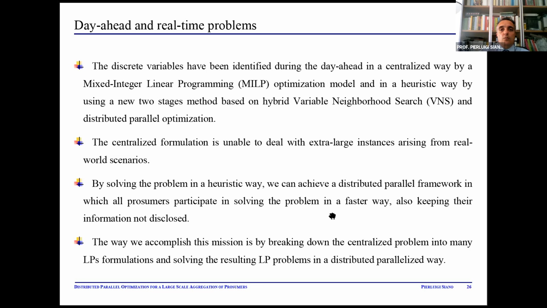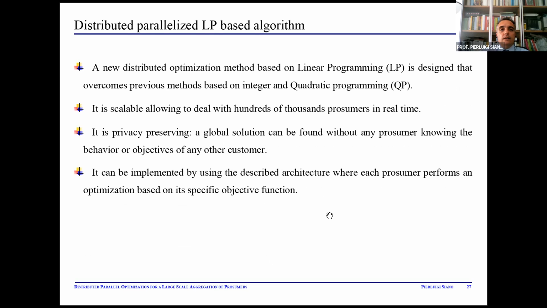The way we accomplish this mission is by breaking down the centralized problem into many linear programming formulations and solving the resulting linear programming problems in a distributed parallelized way. So we have developed a new distributed optimization based on linear programming that overcomes previous models based on integer and quadratic programming.